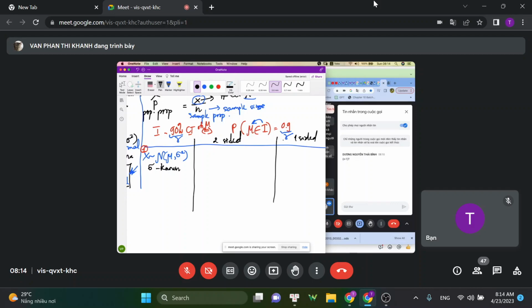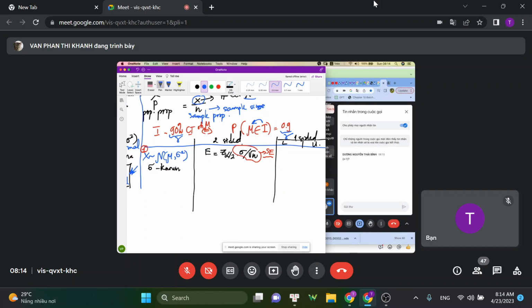For one-sided, we have a lower confidence bound and an upper confidence bound. For two-sided, we have E is Z alpha over 2 sigma over square root of n. Okay, so sigma over square root of n here, we call it the standard error, SE. And E here is the error of the interval.